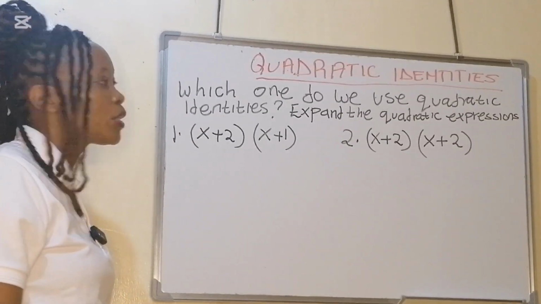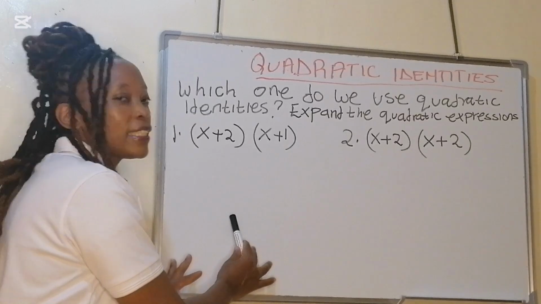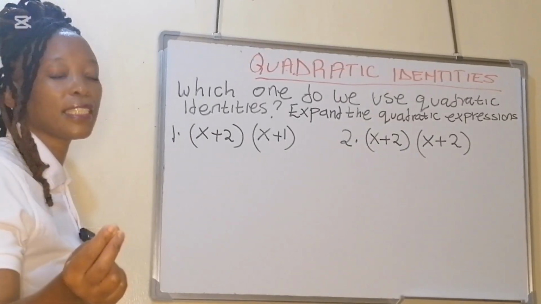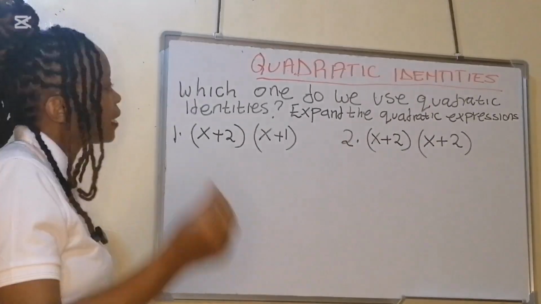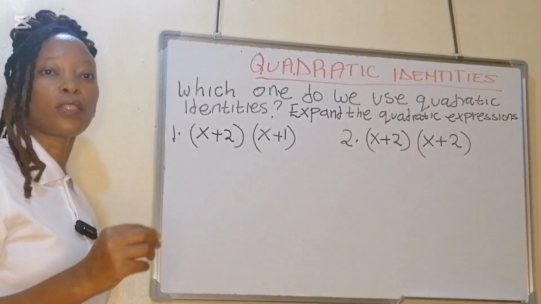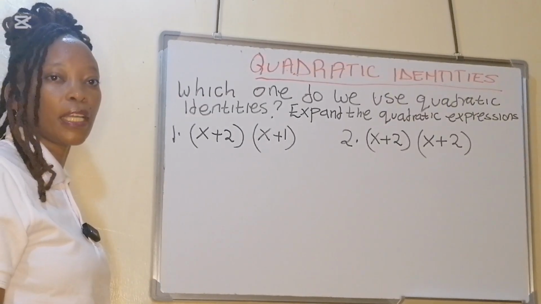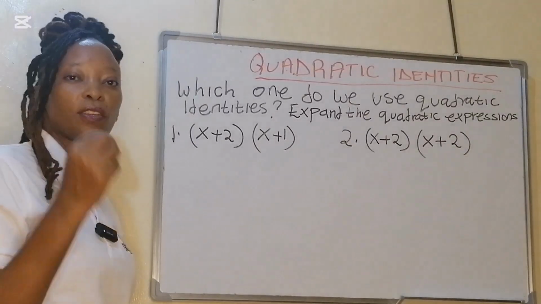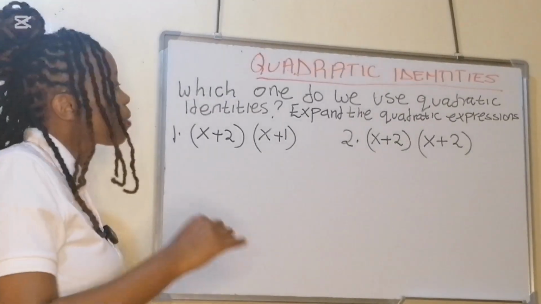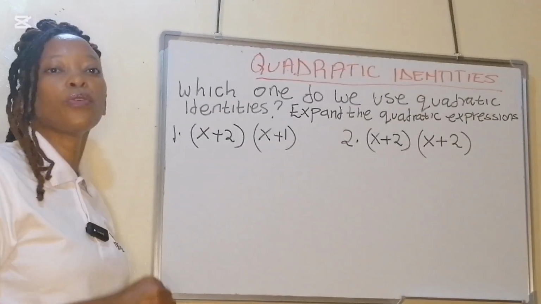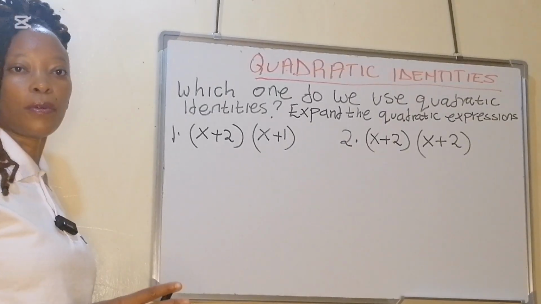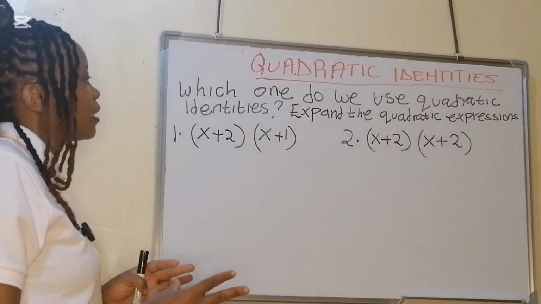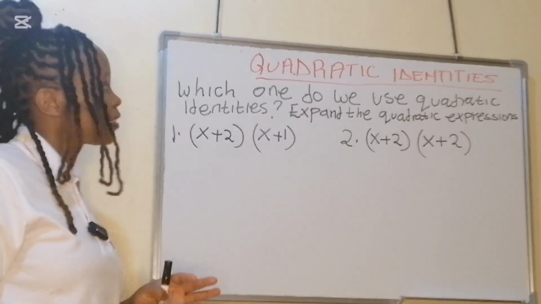I want to show you which one we use quadratic identity on. I gave you 3 quadratic identities, and they are in your mathematical table. Okay? It is a shortcut you use to expand or factorize. When you use quadratic identity, you save time when expanding or factorizing. It is like a shortcut.